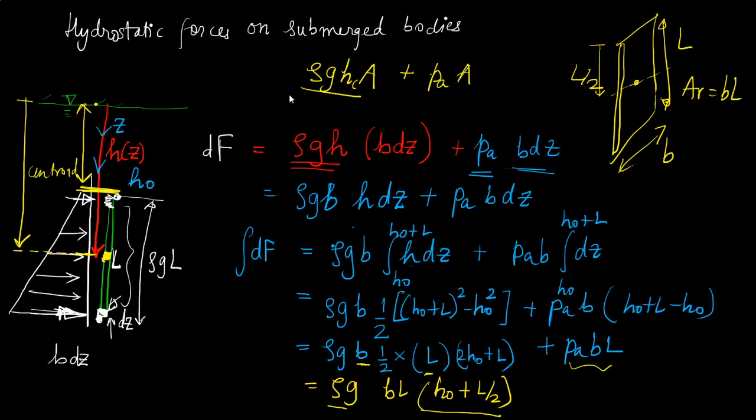So effectively the force is equal to PA plus rho G HC times the area. That is the hydrostatic pressure at the centroid of the object multiplied by the area of the object. That is the force.